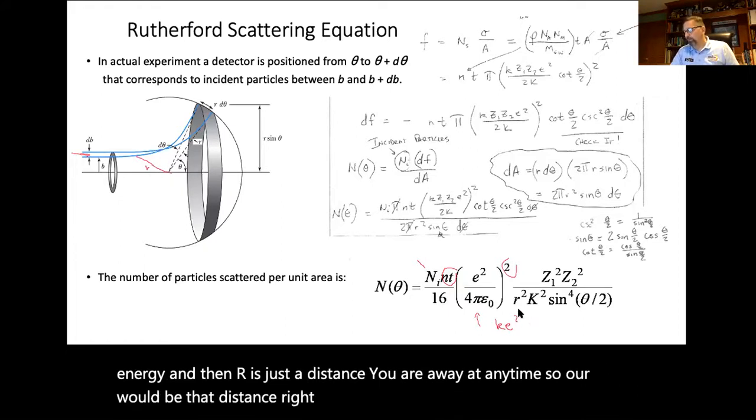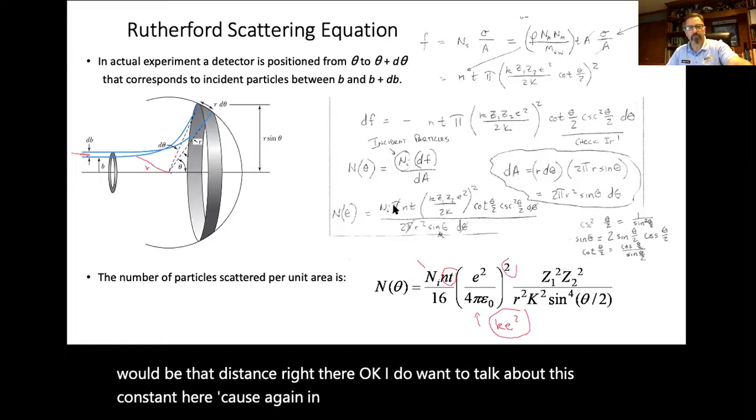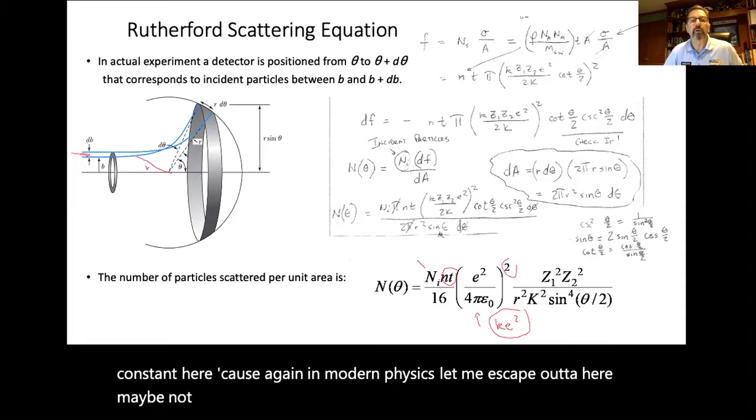Okay. I do want to talk about this constant here because, again, in modern physics, let me escape out of here. Let's close that while I still have a cursor. Stop sharing, and that should close out of there. And I want to go over to a PDF document real quick, the equation sheet that we have for the course.